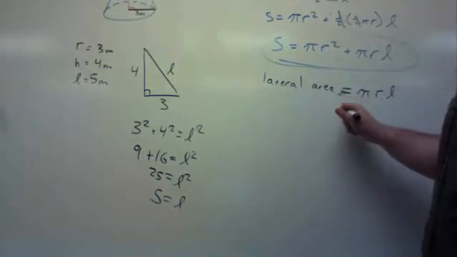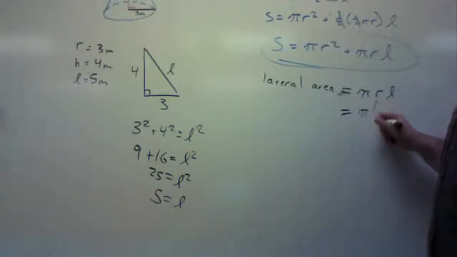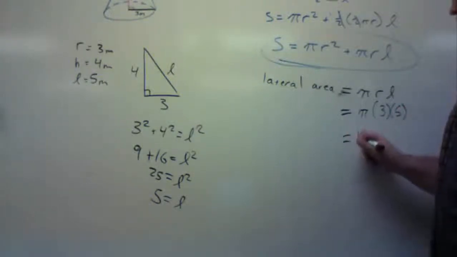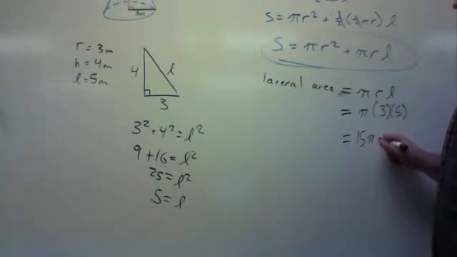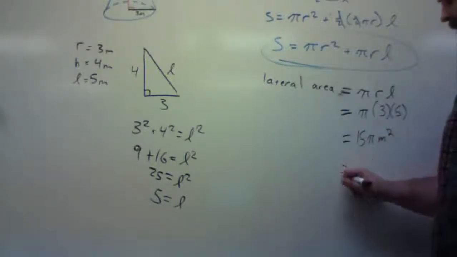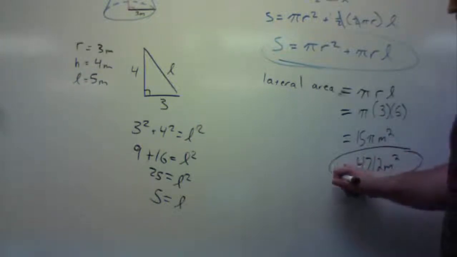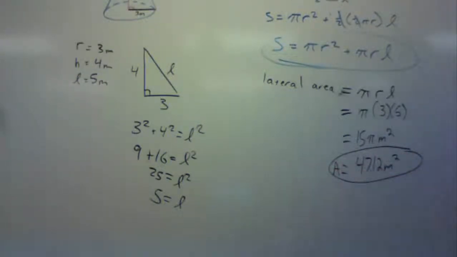To find the lateral area, pi times 3 times 5. 15 pi meters squared, or 47.12 meters squared. And then this would be the area I'm looking for, lateral area.